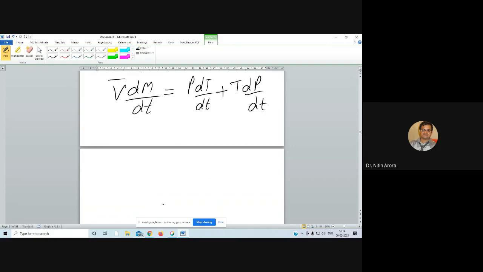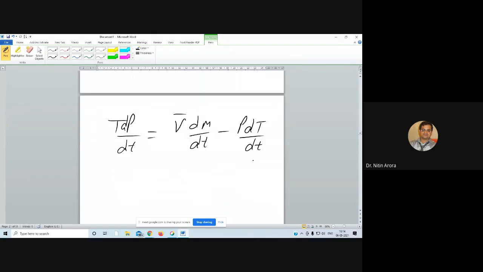Can I write it as T dp upon dt is equal to V bar dm upon dt minus P dT upon dt.